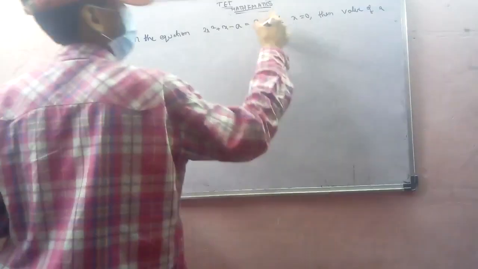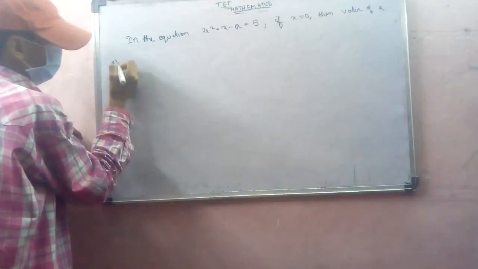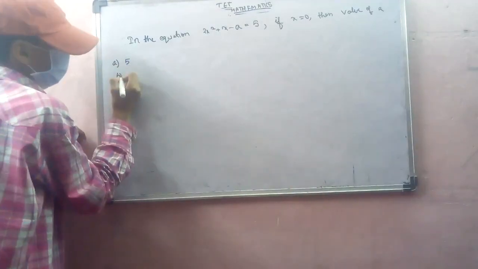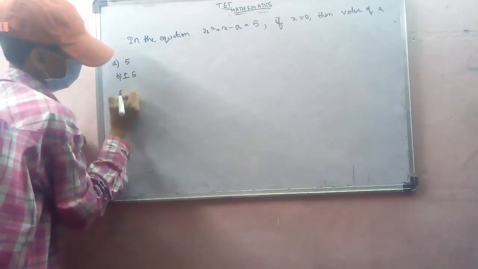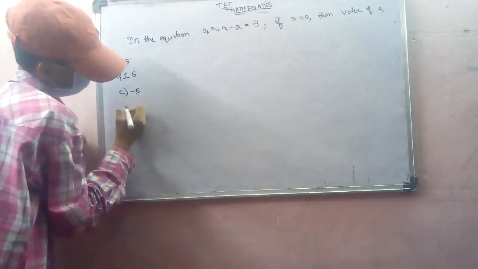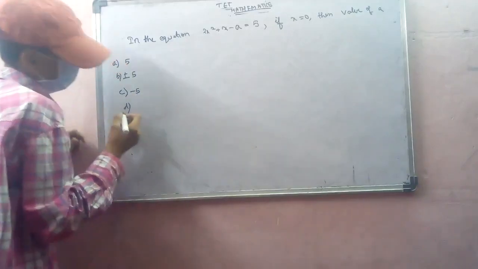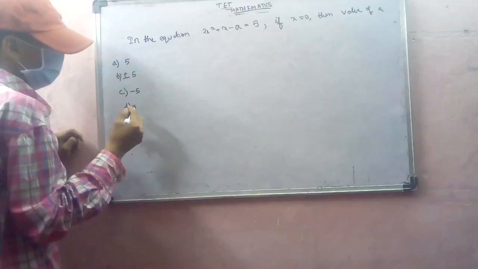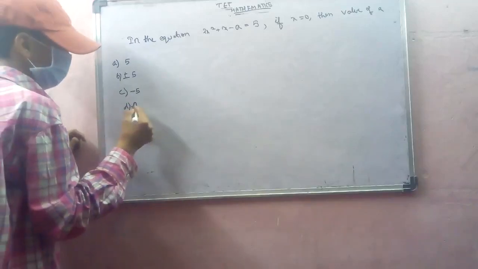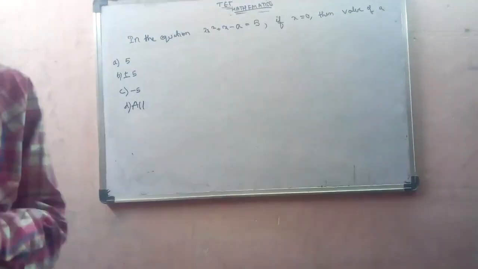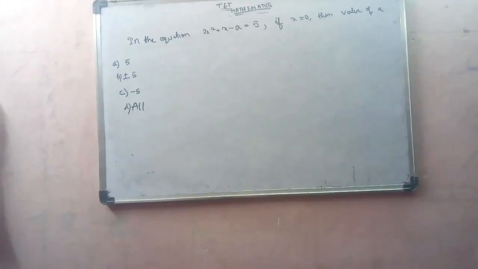Okay, value of a. Options are 5, plus minus 5, minus 5, or. Now see here how to do.